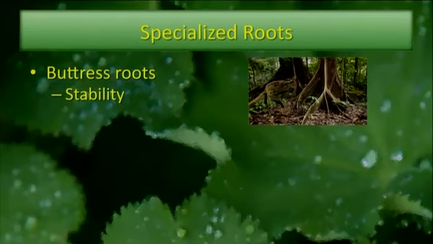So tropical soils tend to be poor soils in terms of nutrients. Okay, so because you have shallow roots, they actually need these buttress roots to maintain their stability. Aren't they beautiful? Look at that. Like ramparts. Okay, so tropical fig trees have buttress roots.